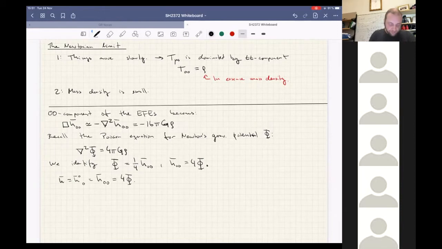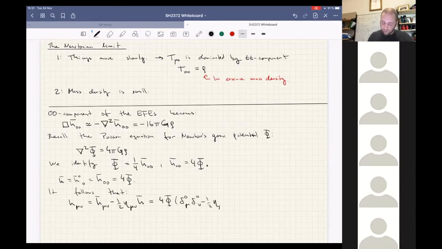So it follows that if we look at the perturbation itself, h mu nu, that is h bar mu nu minus 1/2 eta mu nu h bar. This is 4 times the Newtonian gravitational potential, delta 0 mu, delta 0 nu, minus 1/2 eta mu nu.